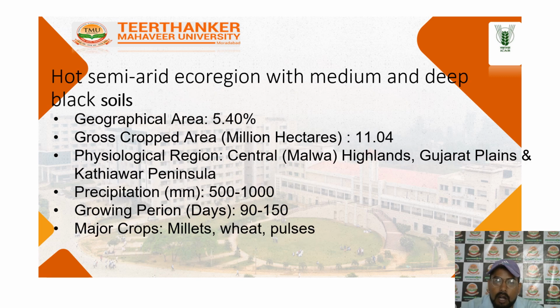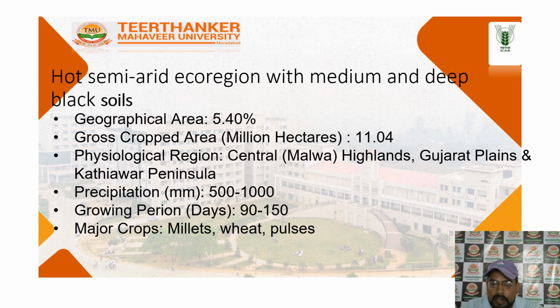Second one is the hot semi-arid ecoregion with the semi-arid and semi-deep black soils. That means the special climatic condition in this hot ecological region, with the type of soil being deep black soil. The geographical area is 5.4% and gross crop area is 11.0%.